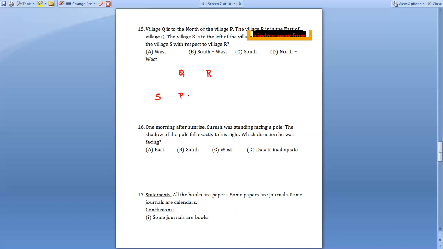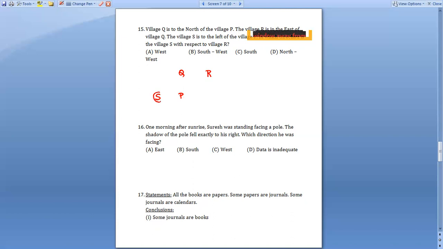So when I say left, you have to consider with respect to yourself, because we don't know the position of P here. So we can't figure out left or right with respect to P. So you assume that your left is P's left. Okay. So village S is to the left of village P. In which direction is village S with respect to village R?